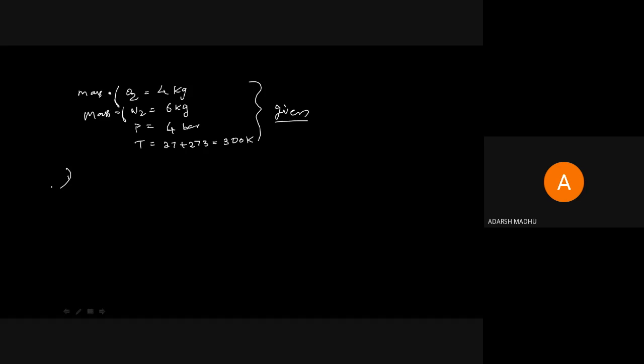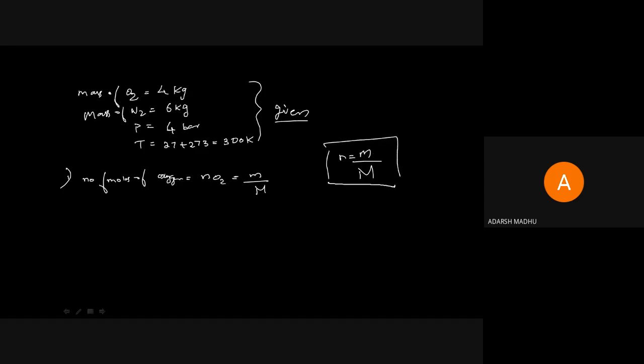So first, number of moles of oxygen, n O2. Number of moles is n. What was the formula for number of moles? Given mass by molecular mass, right? n equal to given mass, small m, divided by molecular mass, capital M.